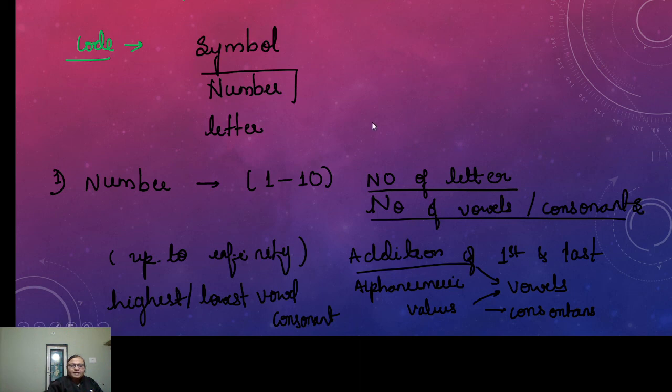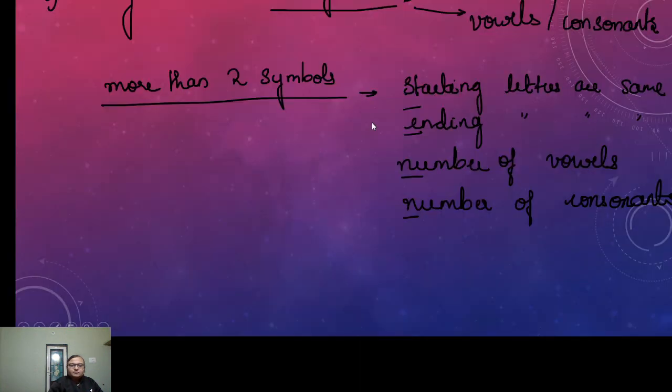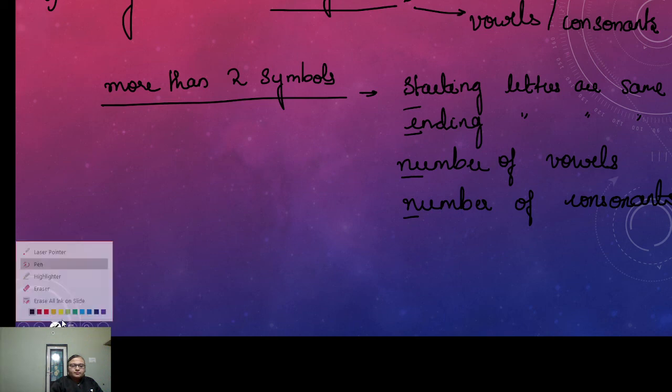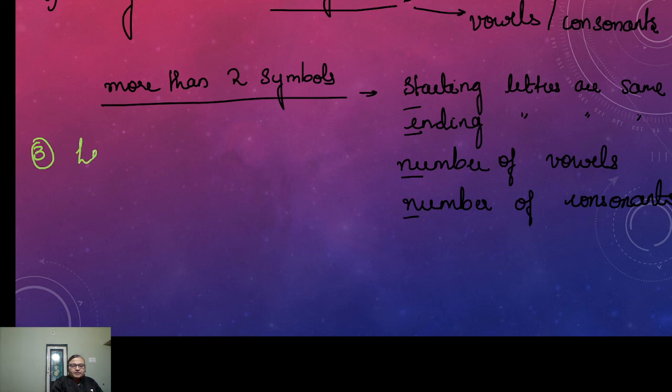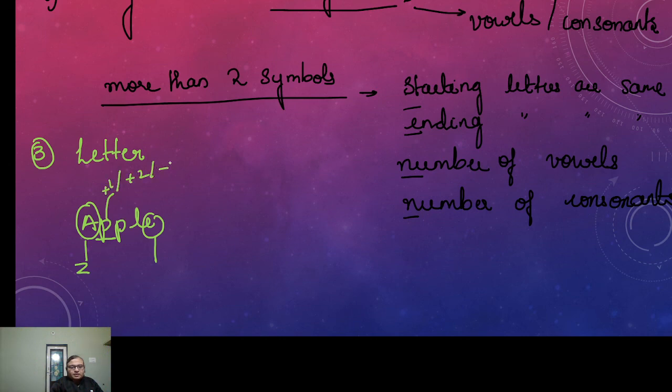Now the remaining is letter. So letter can have various codes. Suppose it is apple or something, letter can be first letter or opposite of this, second letter opposite of this, or plus 1 of this, plus 2 of this, minus 1, minus 2, addition.